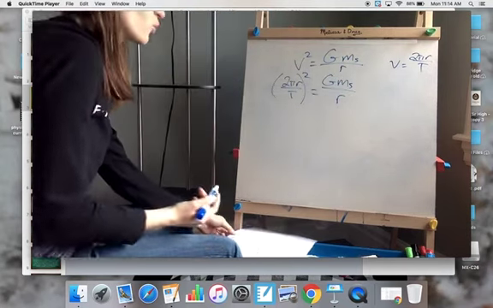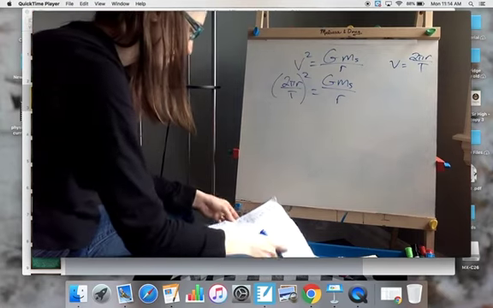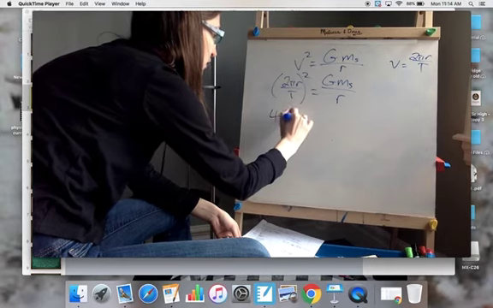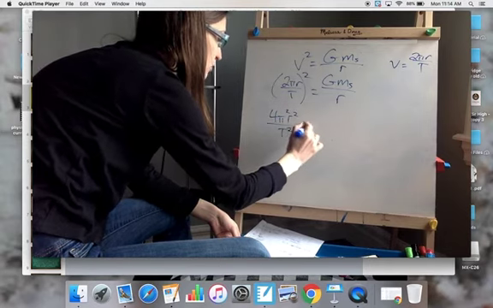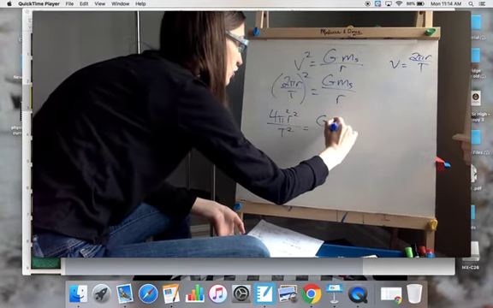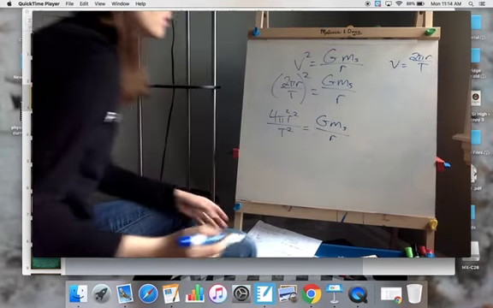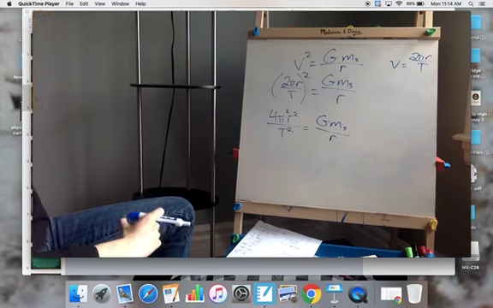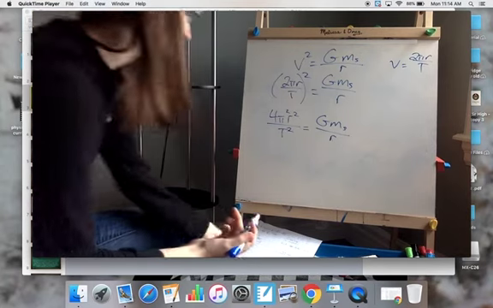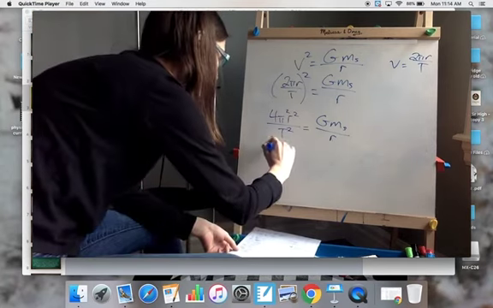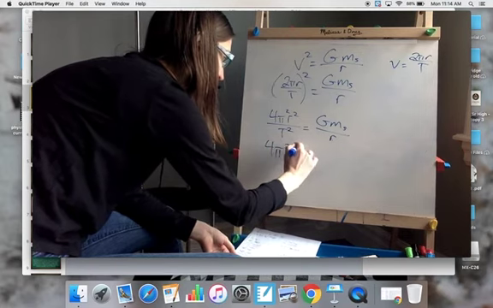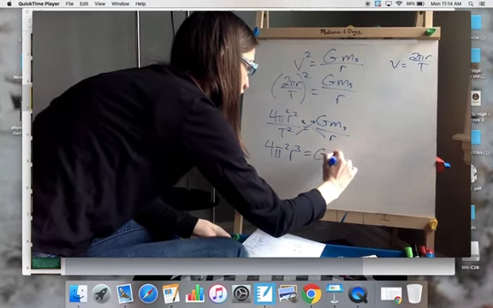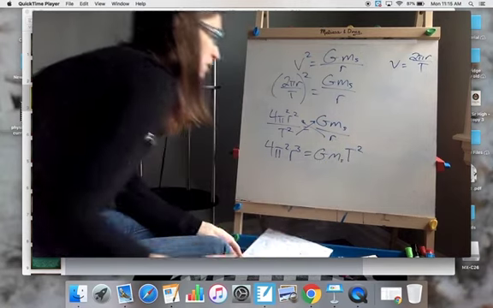We can then square that, and what we get is this wonderful 4 pi squared r squared all over T squared, equal to G m_s over r. If we cross multiply that, what we end up getting is 4 pi squared r cubed from that multiplication, and then we get G m_s T squared.